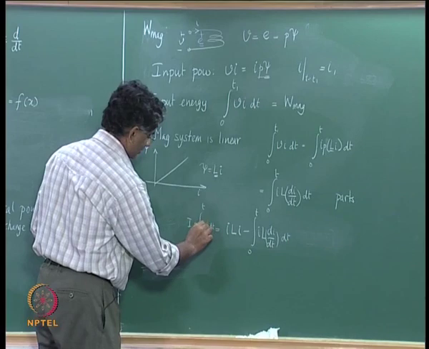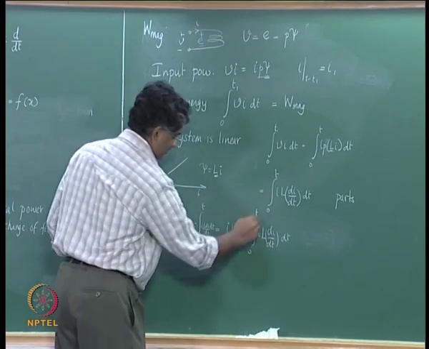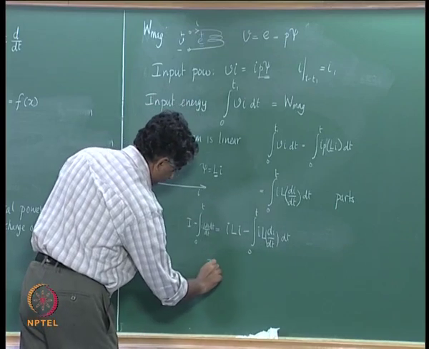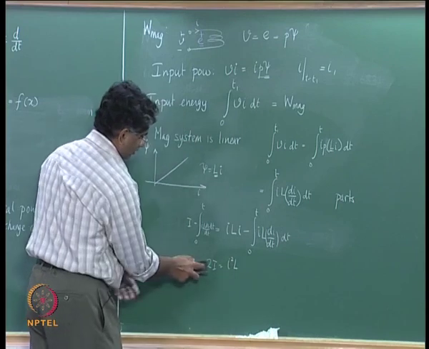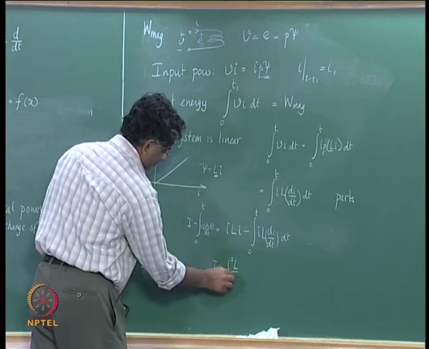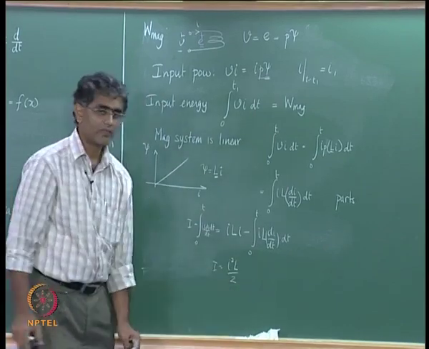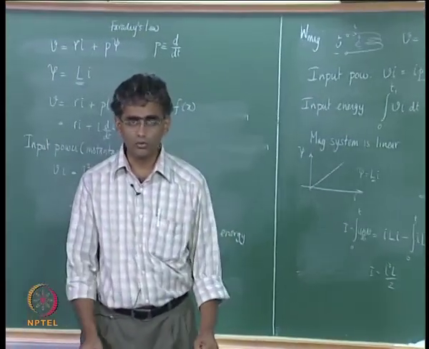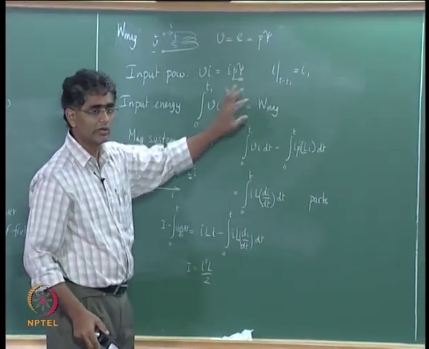This is I L di by dt, and this integral is the same as I. So what you have is 2 times I is equal to I squared into L, or this integral is Li squared divided by 2, which is nothing but your stored energy.